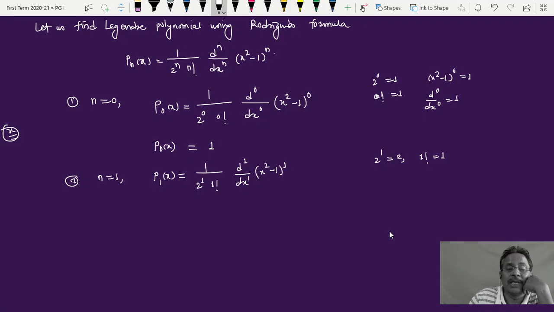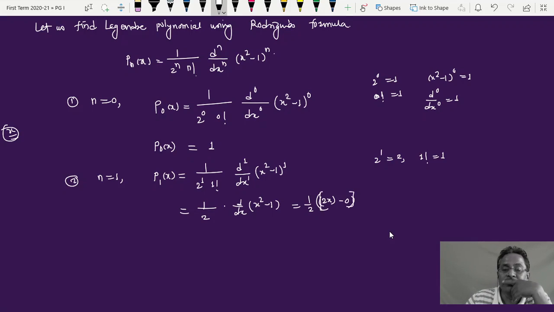So solving this, this is 1 upon 2 into d by dx of x square minus 1. Getting the differential of this will give you twice x and minus 0.